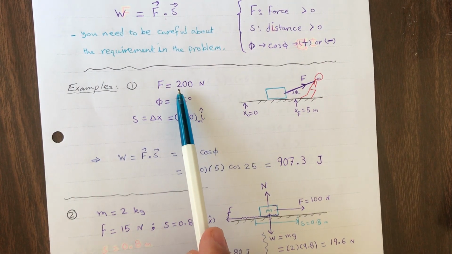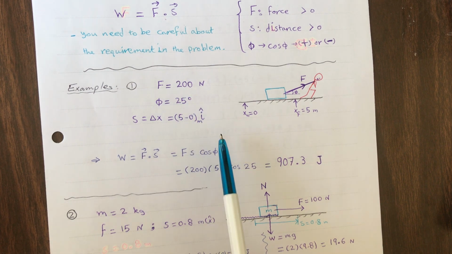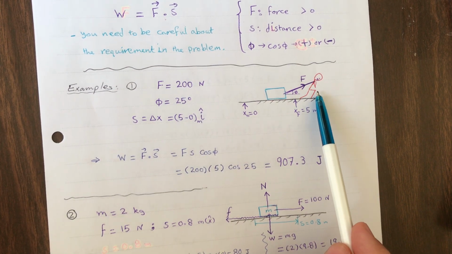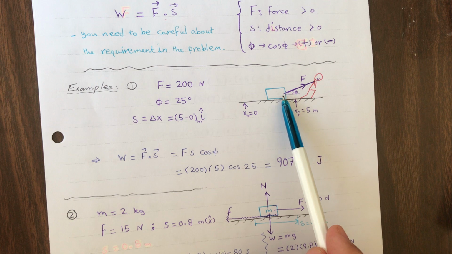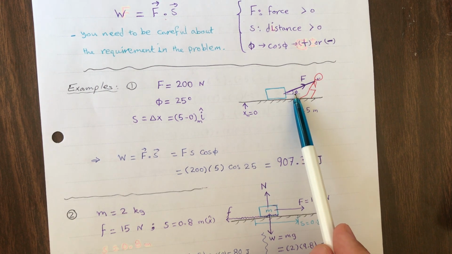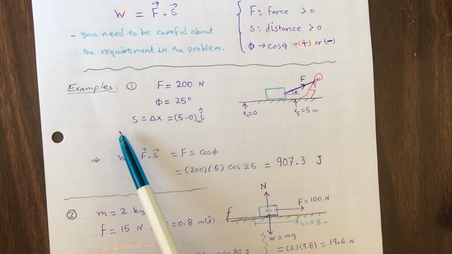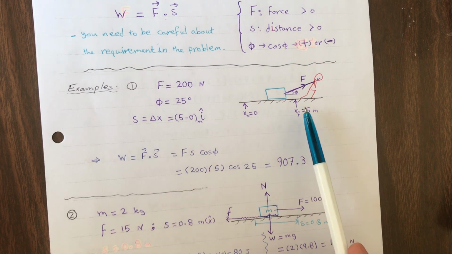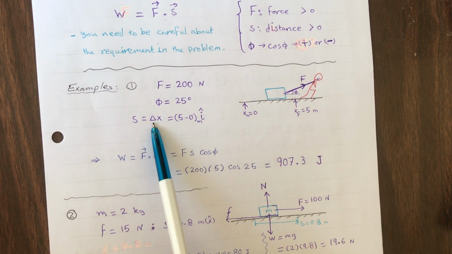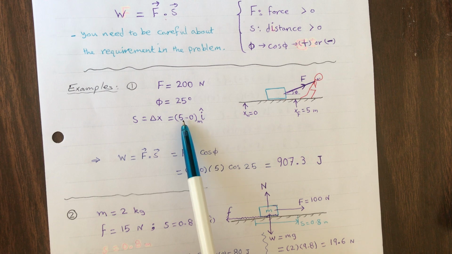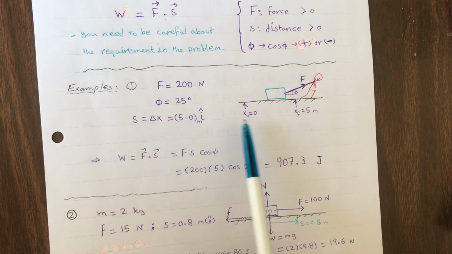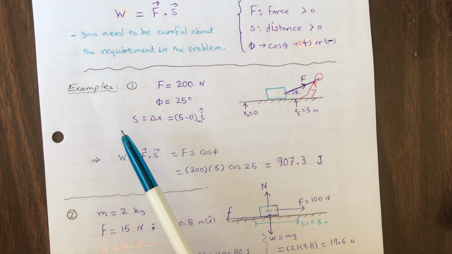If we have a force of 200 newtons and this person pulls the box with angle phi equal to 25 degrees, and S in the positive x direction is equal to delta x, which is 5 minus 0, x final minus x0.